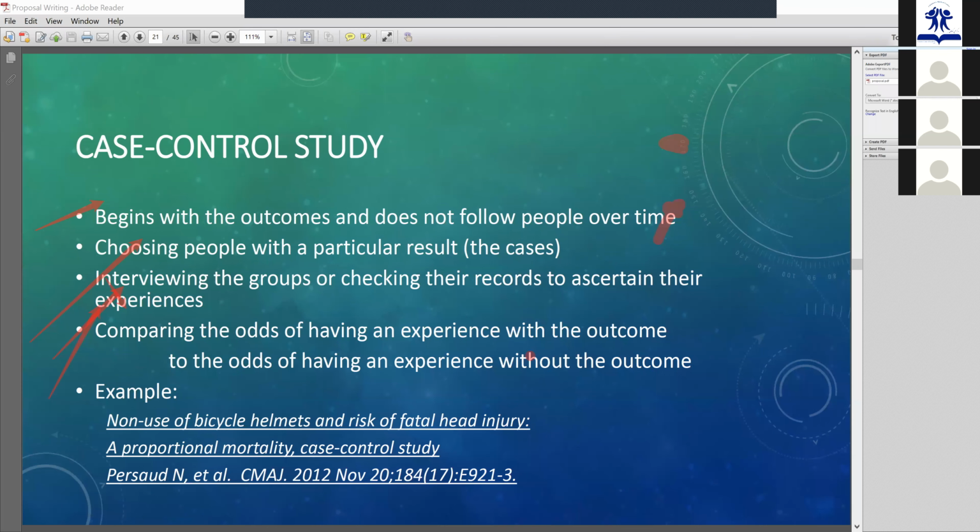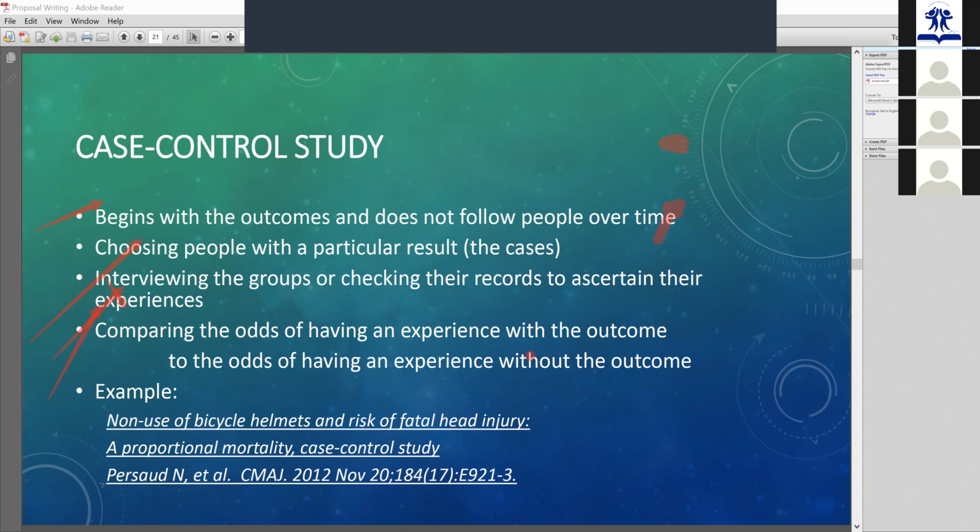For example, let's say there are patients referred to the endocrinology clinic of Children's Medical Center. Some of them are fat, some of them are normal, okay? I categorize them into two groups, the group with high BMI and the group with normal BMI, okay? After that, I will search for the risk factors in each group.